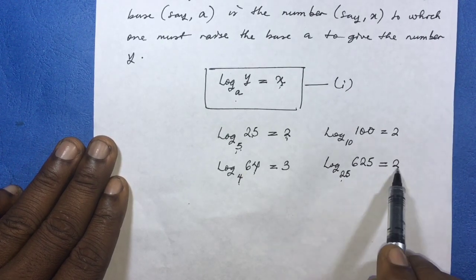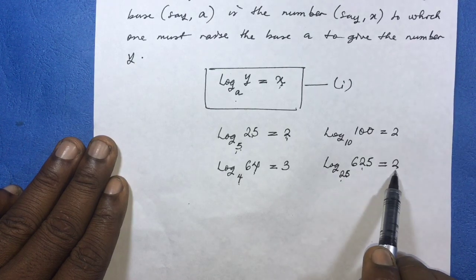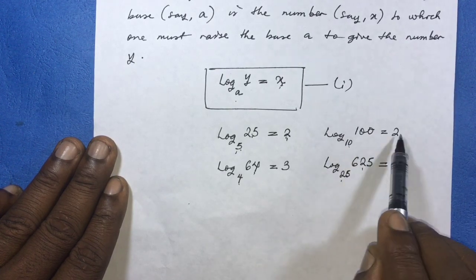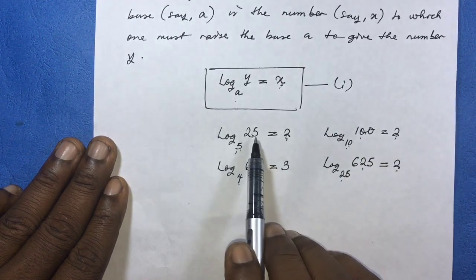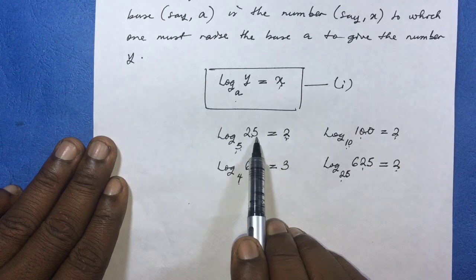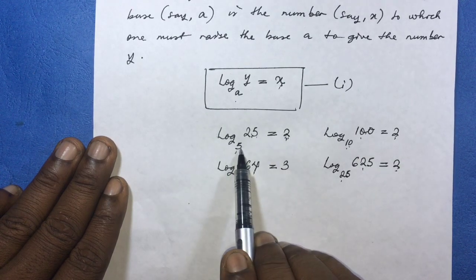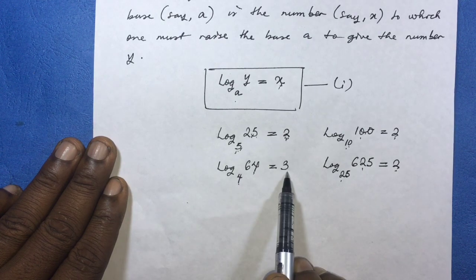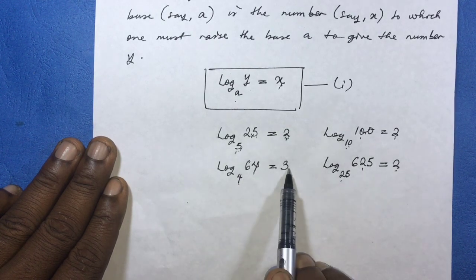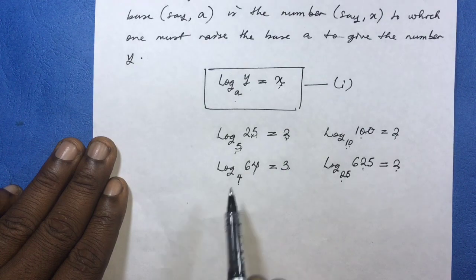That is, 25 raised to power 2 is 625, which makes 2 the logarithm. 10 raised to power 2 equals 100, which makes 2 the logarithm of 100 in base 10. 5 raised to power 2 gives 25, which makes 2 the logarithm of 25 in base 5. 4 raised to power 3 equals 64, which makes 3 the logarithm of 64 in base 4.